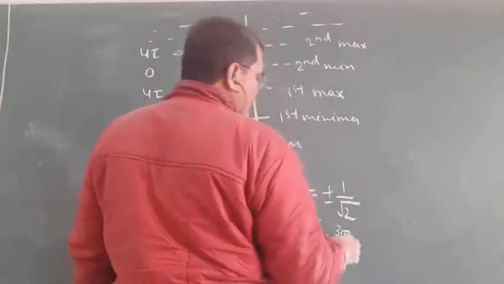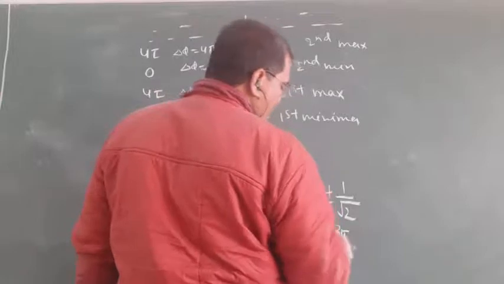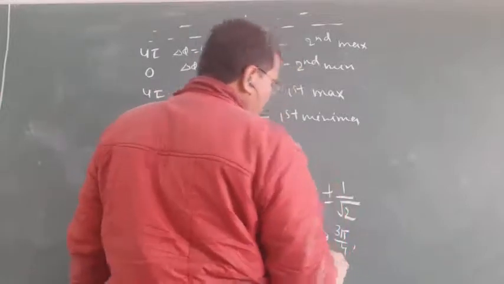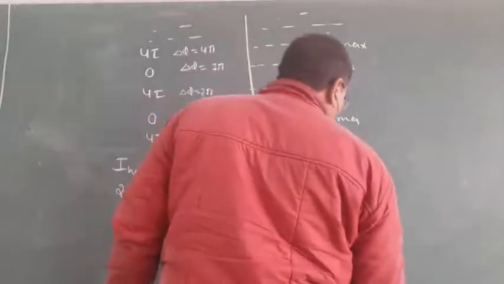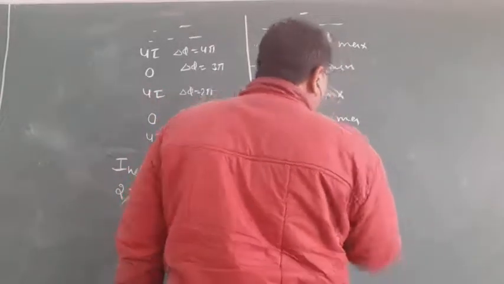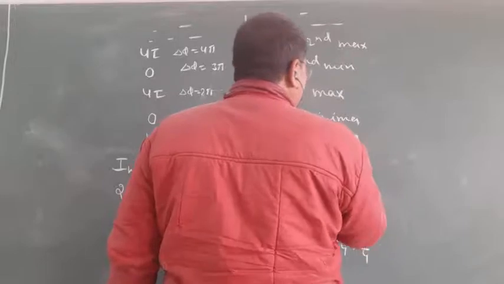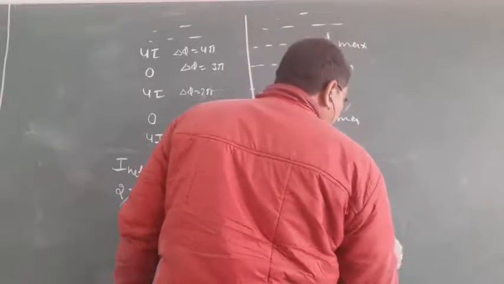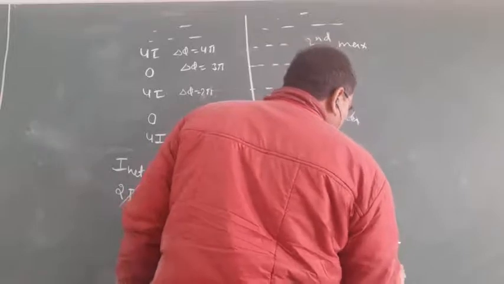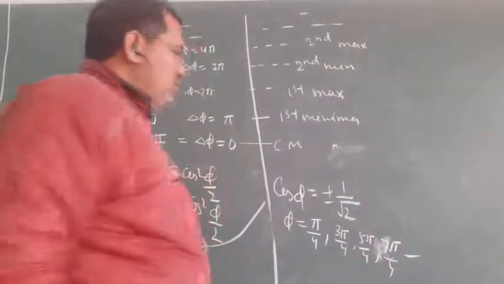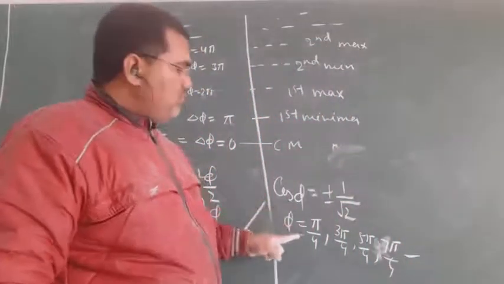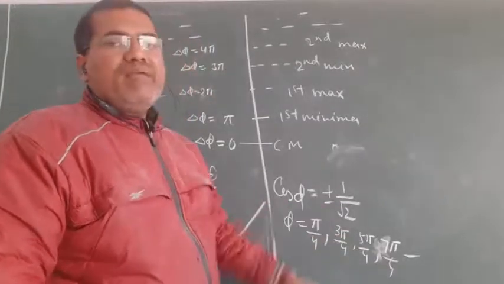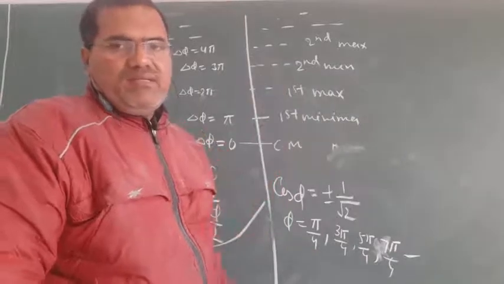Pi plus pi by 4, 5 pi by 4, 7 pi by 4, and so on. We will get this value at pi by 4, 3 pi by 4, 5 pi by 4, 7 pi by 4, many solutions here.